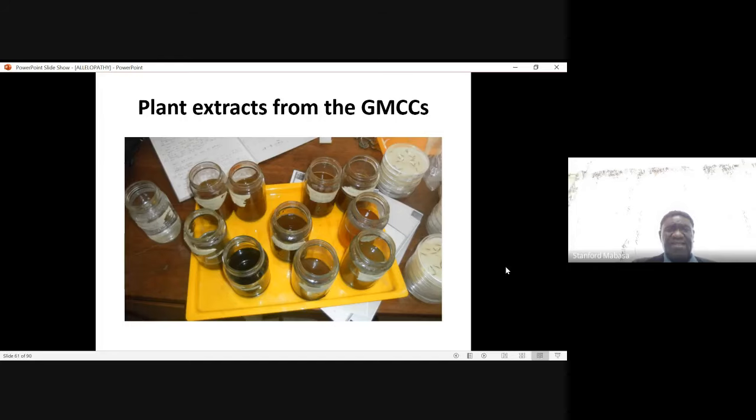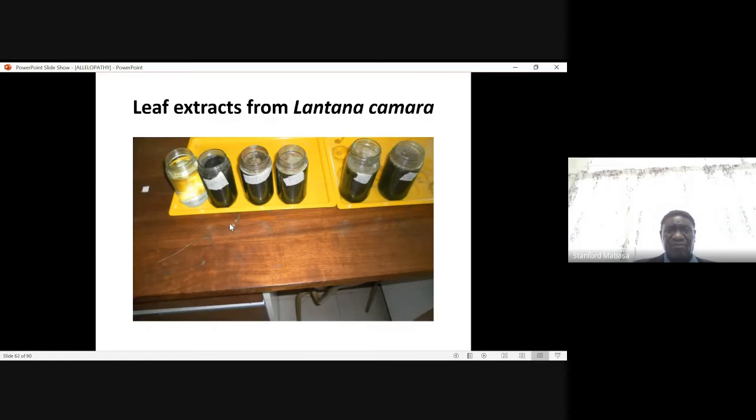This slide is showing plant extracts from green manure cover crops, which were tested for germination. These are extracts from Lantana camara.